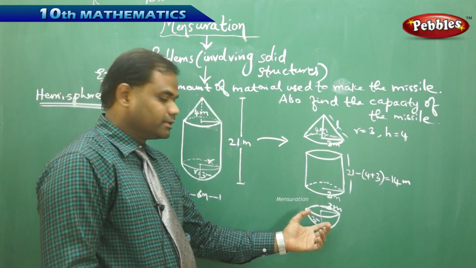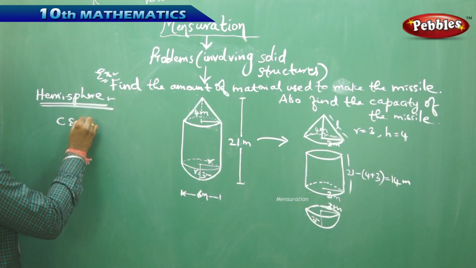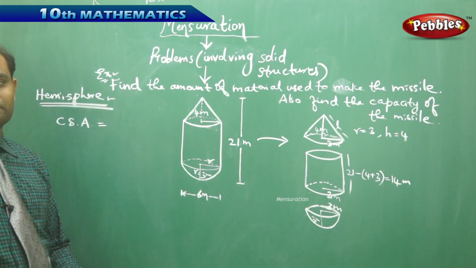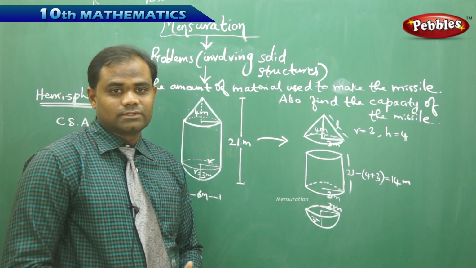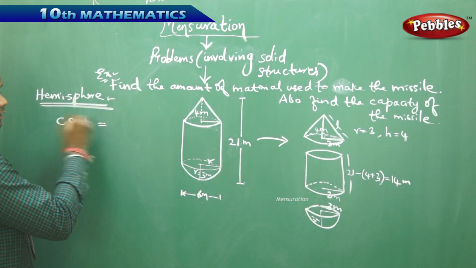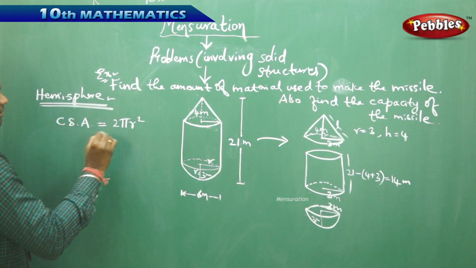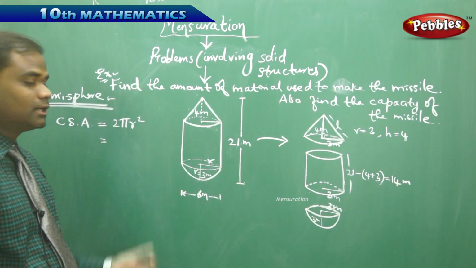Therefore, the amount of material I require for making the hemispherical part is clearly, again, the curved surface area. Now we all know that the curved surface area of a hemisphere is half the curved surface area of a sphere, that is 2 pi r square, is how we obtain for a hemisphere.